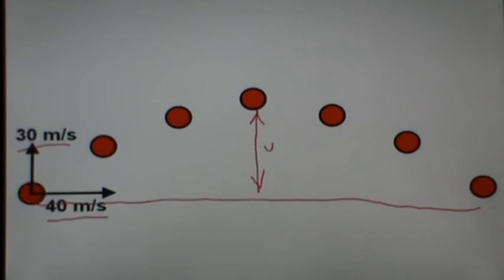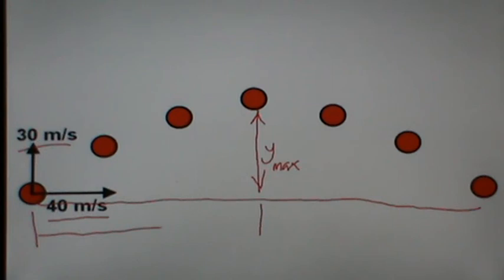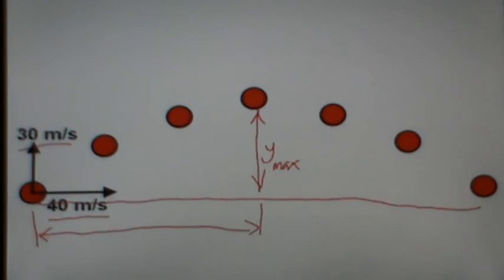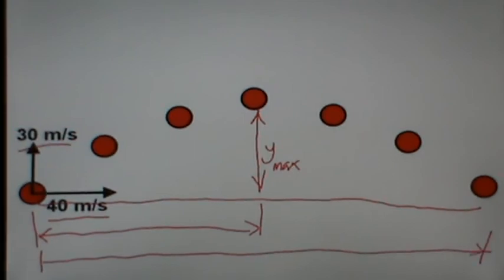Let's call it y or y max. And also we can find the horizontal distance of the highest point from the initial position. And then we can also find the maximum distance of the ball.